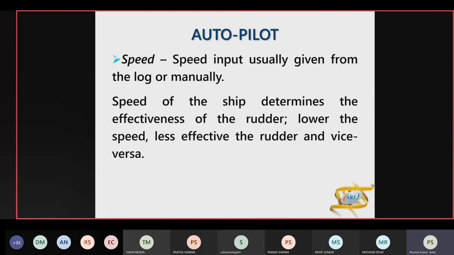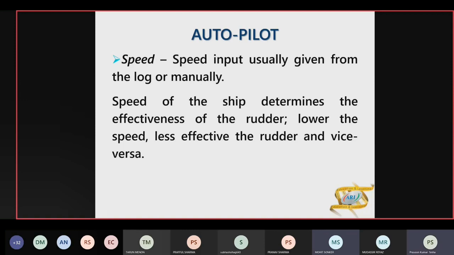So my question will be rephrased. Is it speed through water or speed over ground that we should give for the autopilot? Doppler log आपने कहा मोहित, so I am understanding that you are saying speed over ground that we should provide. Is that correct? Yes, sir. We put speed over ground.